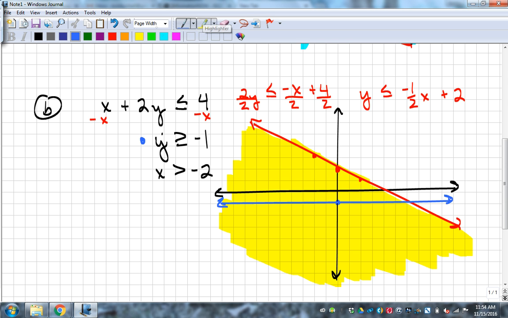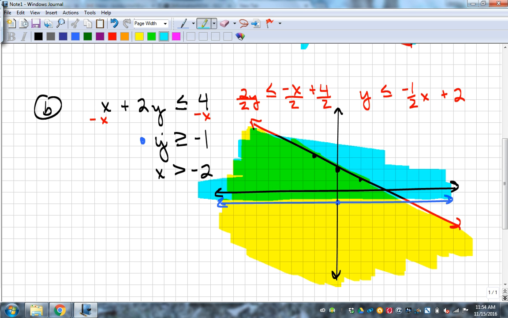Now shading for that one, it says y is greater than or equal to -1. Where are the y values that are greater than -1? Above or below? Above. So that's the direction we're going to go. So we're going to shade above. If it were just these two, we'd be done. The overlap would be this kind of shape right here. But we've got one more to go.